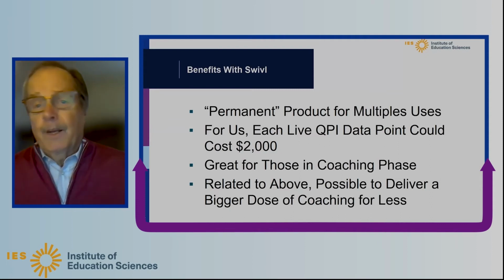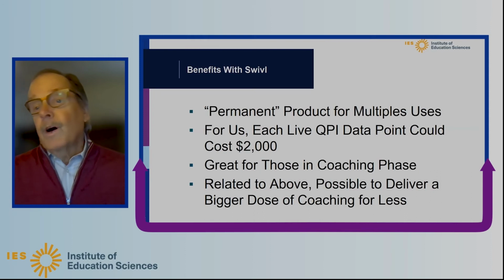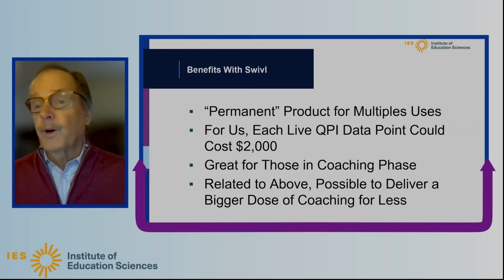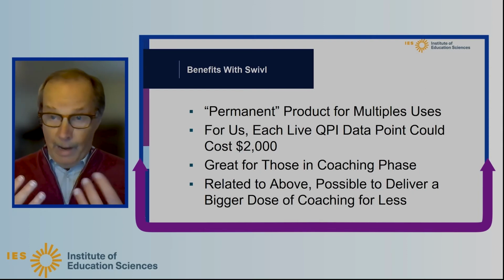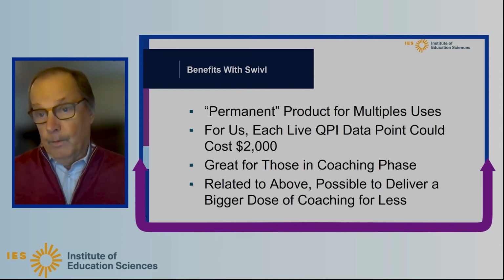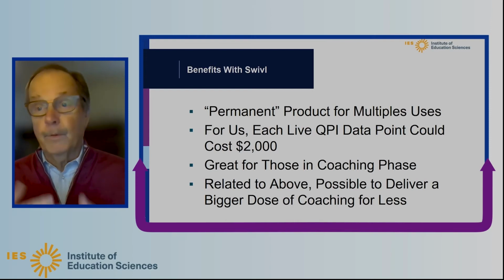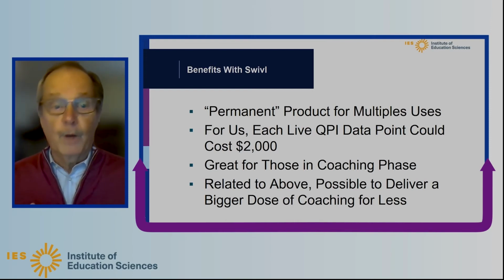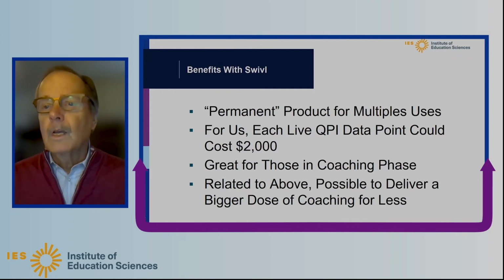Let me tell you about some benefits to Swivel. One is that you have a wonderful permanent product, and it's a great tool when you have that permanent product if you're in a coaching mode versus a simple data collection only mode. We found that Swivel was also very cost effective.